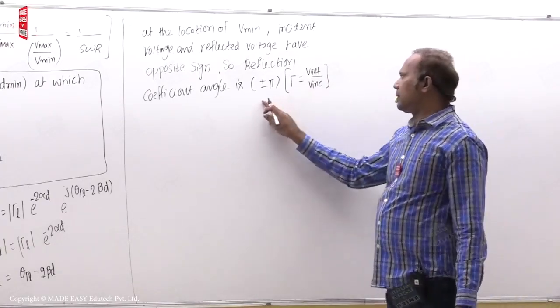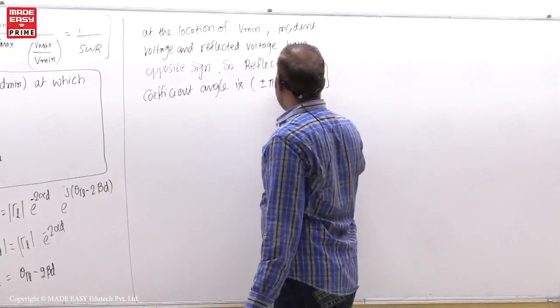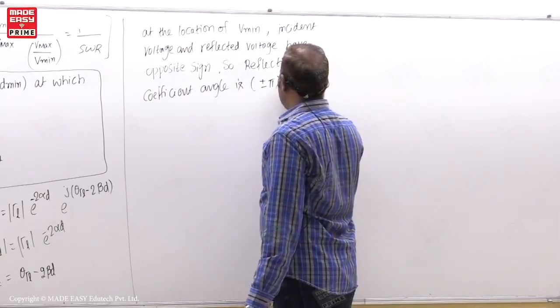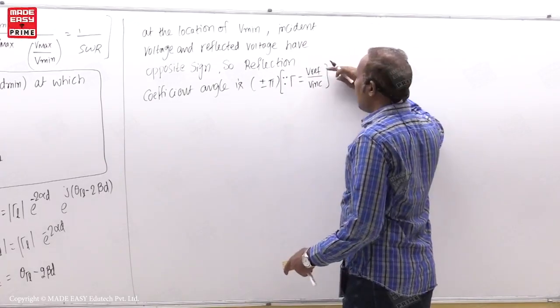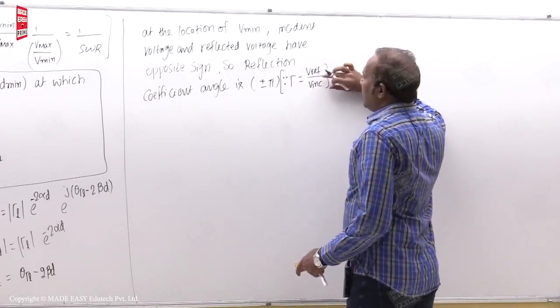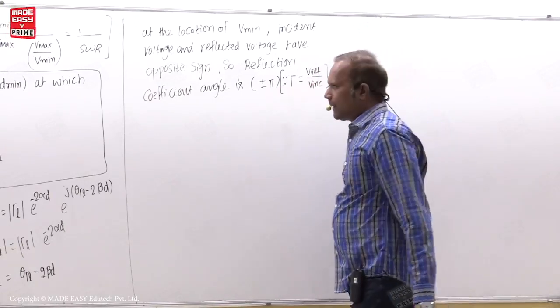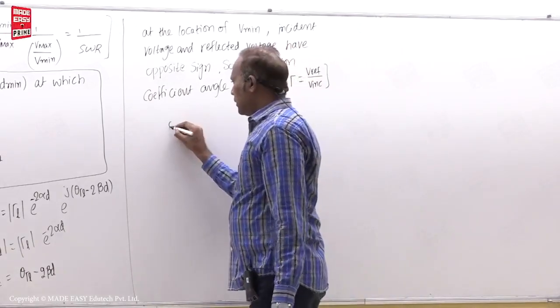That is the meaning of that. Because reflection coefficient is defined as reflected voltage by incident voltage. If they have opposite sign, then the phase difference is plus or minus 180.